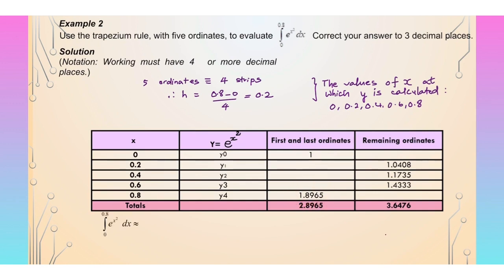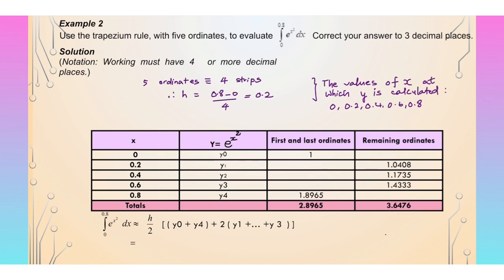After having done this, we'll input into the formula. What we want to find out is the integral of e power x squared from 0 until 0.8. This is approximately equal to h over 2 times y naught plus y4 plus 2 times the remaining ordinates.